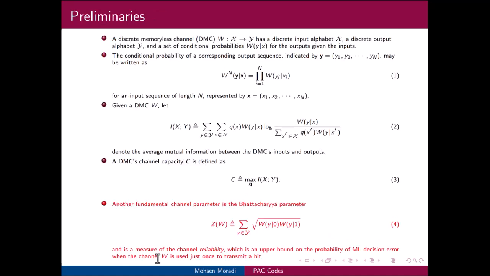In summary, the mutual information is like the maximum rate at which we can have reliable communication, and the Bhattacharyya parameter defines an upper bound on the reliability. So we want a rate very close to the capacity, and the Bhattacharyya parameter Z(W) to be as small as possible.